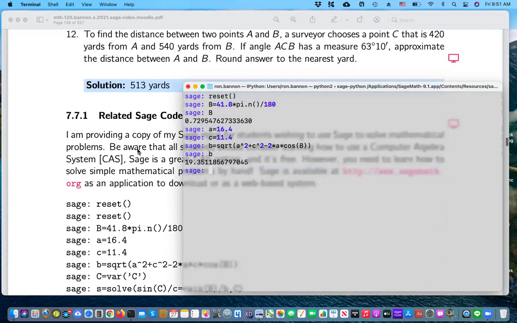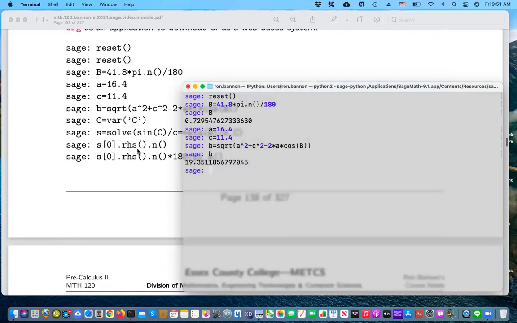Let me take a look again. What did I do differently? 41.8, 16.4, 11.4. A squared plus 3 minus 2. Oh, I see it now. I see my mistake, and I'm so glad I made a mistake. The mistake is over here. So I'm going to just go through that again with you, and that was 2AC.